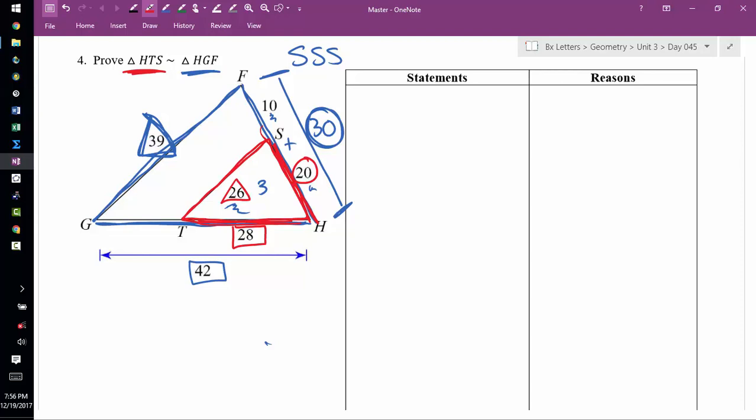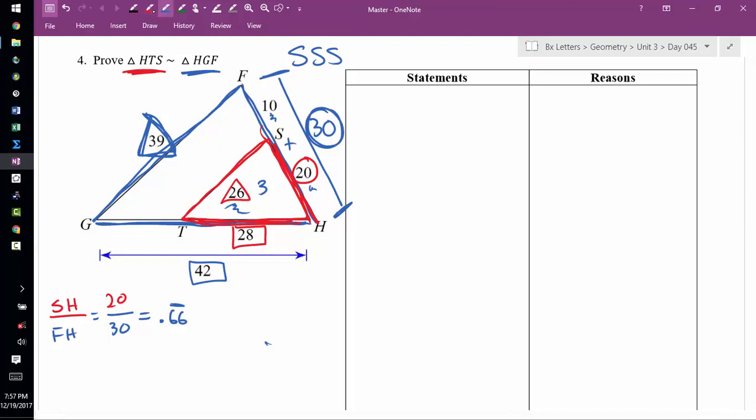And I'll start with SH over the corresponding side, FH, which would be SH is 20, FH is 30. I know up to this point I've been reversing the fractions, but I wrote it this way, I'll continue it this way. And this is 2/3, or 0.66 repeating. And when I get them all out, we'll show it on the calculator.